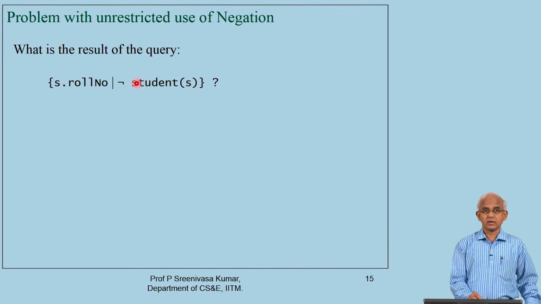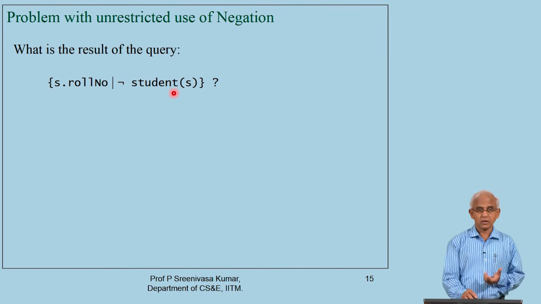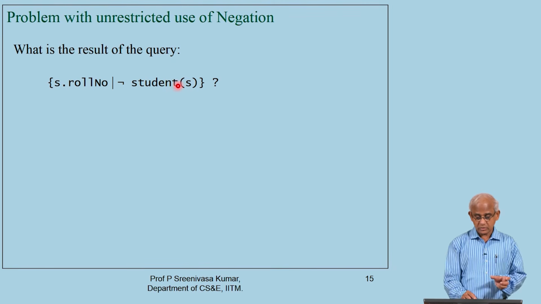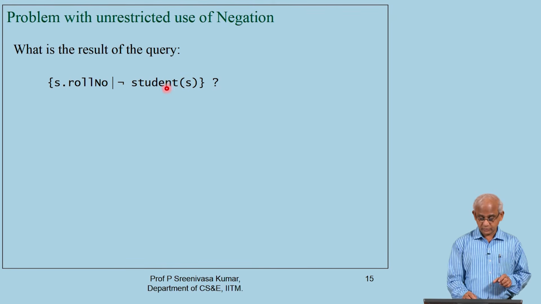Now, we recall that for a relation student, we are considering it as a predicate, and for all the tuples that are not in any instance of the student, we take it as false, and for those tuples that are inside any instance of student, we take it as true. So, if let us say some 1000 students are there, for all those 1000 students, student S is true.